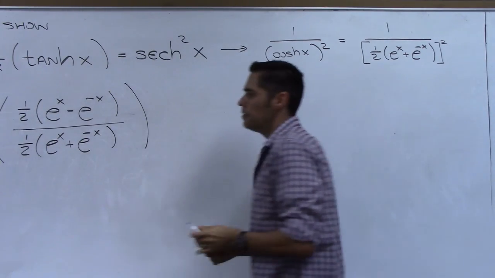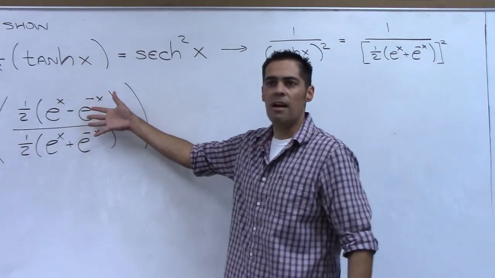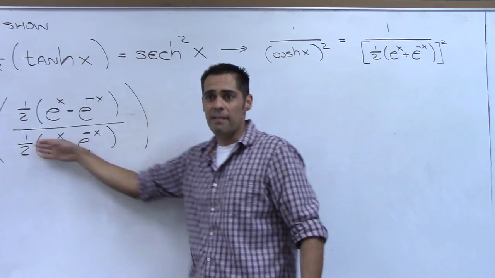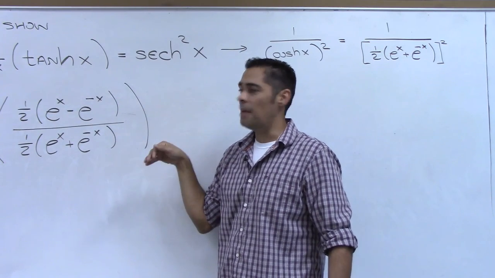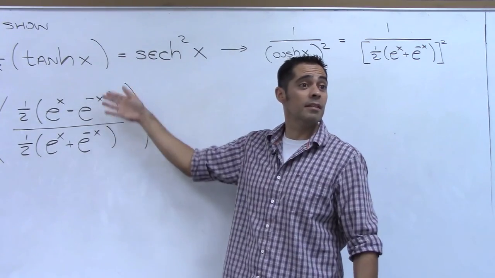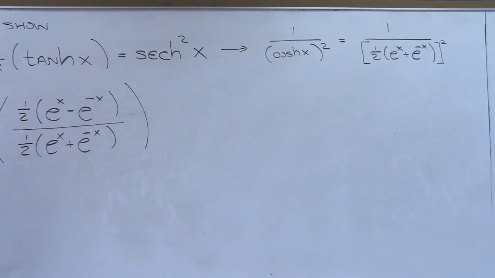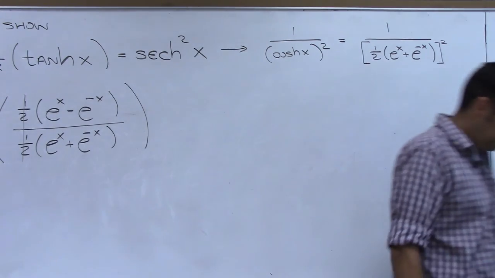All right, that's what I'm going to give you as a hint. That's where you start. This is tangent hyperbolic. It's sine hyperbolic over cosine hyperbolic, right? What happens to the 1/2s? Cancel. Then you need a derivative. How do you take a derivative of something like this? Quotient rule. Have fun. You basically need to do quotient rule on that. Pay attention to your signs. It'll actually work out decent.